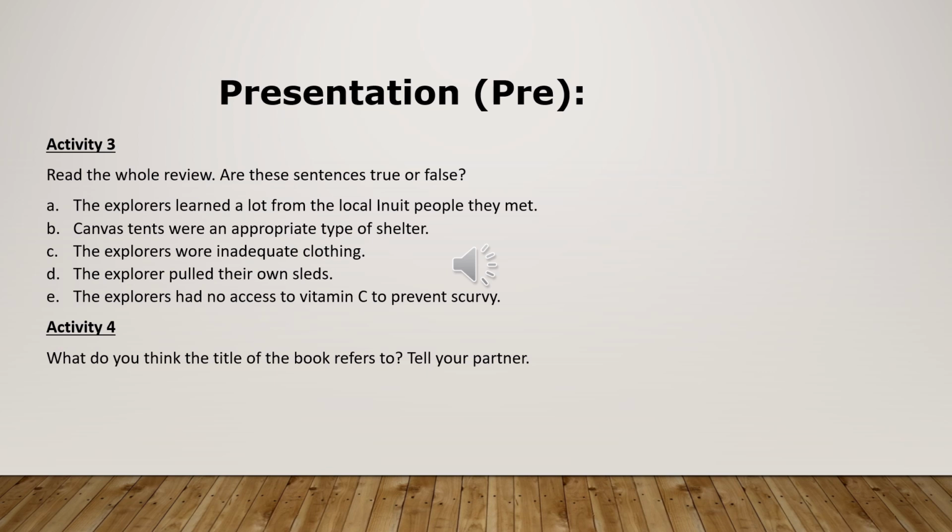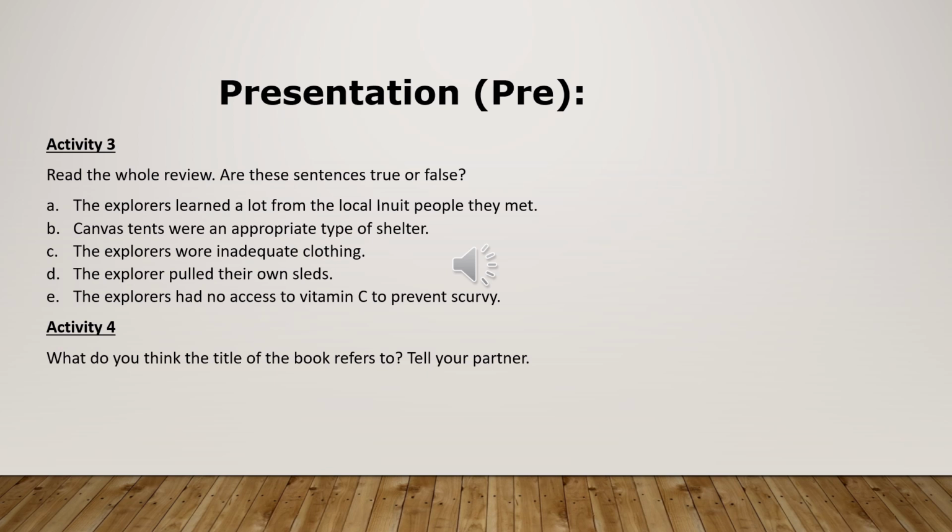And activity 4, we have sentences A, B, C, D, and E that they have to choose if it's true or false. Activity 4. What do you think the title of the book refers to?